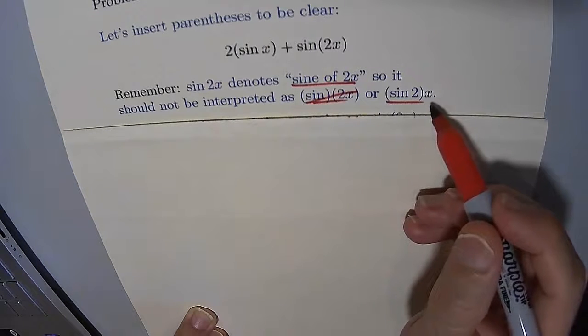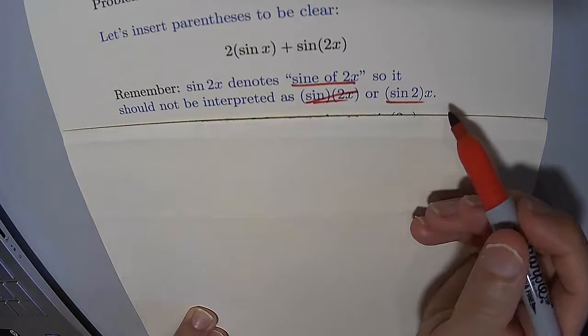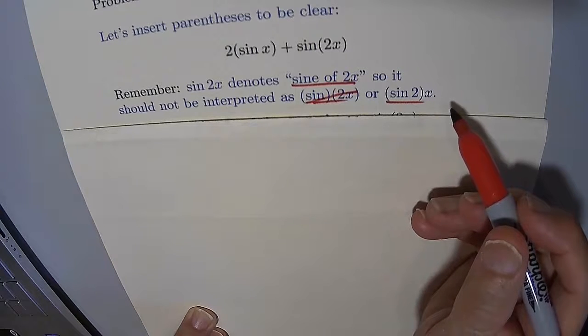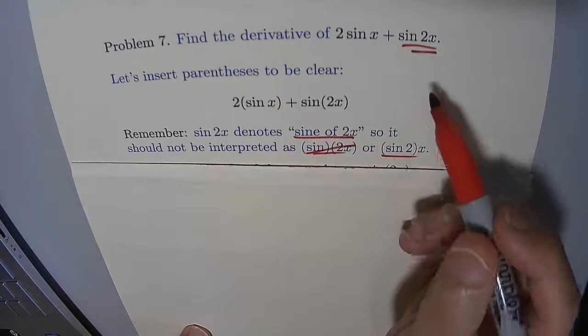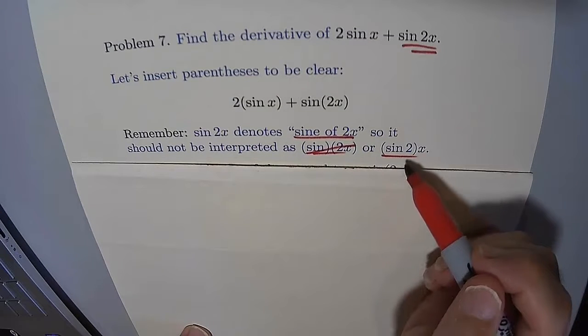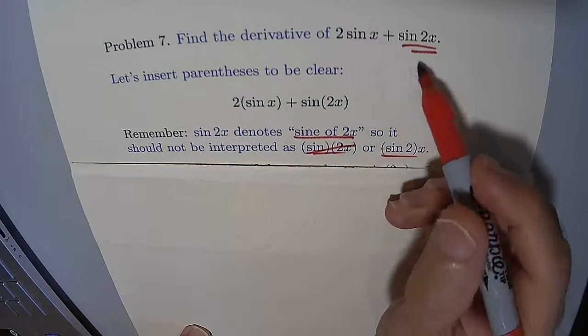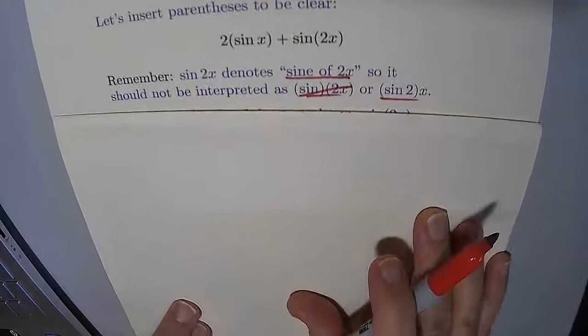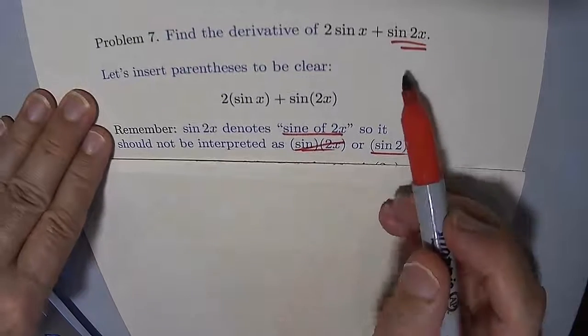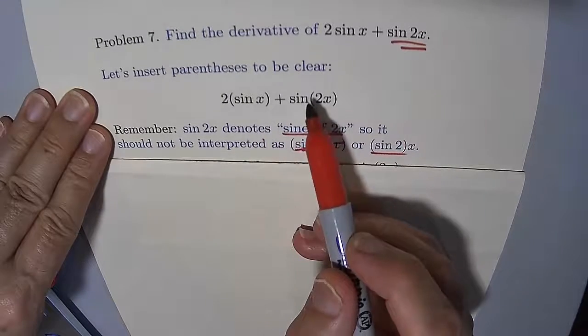And the second one is mathematically meaningful, but it has a completely different meaning. It's a totally different function from what we have here. And if we wanted it to be this, then we would simply write it as this right up there. So if we are writing it like that, then we mean this right here.